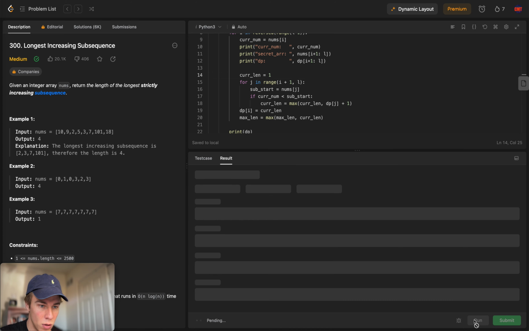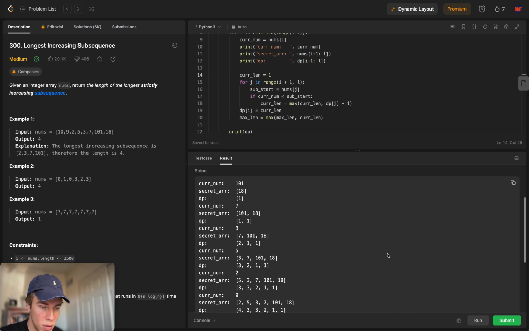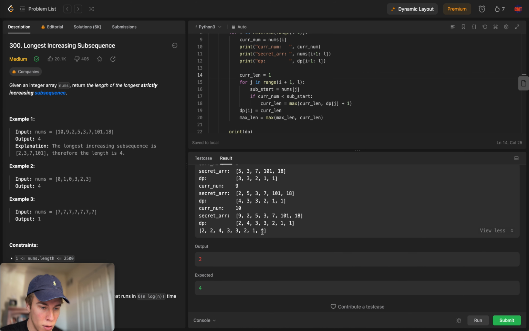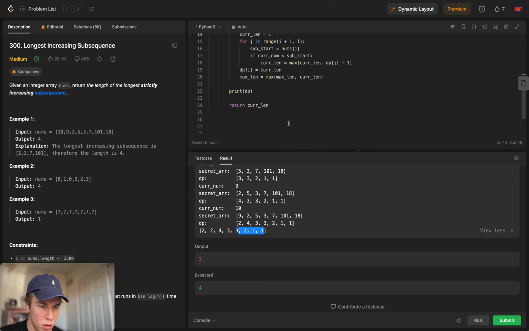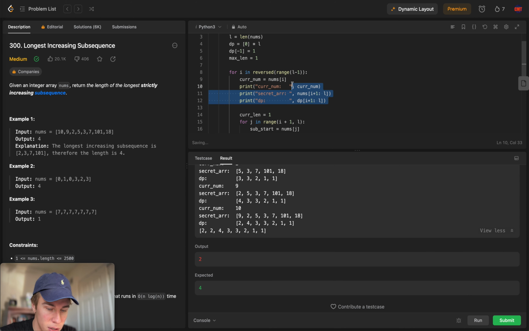I think so. Max length and current length. What in the world is going on? I think I got a portion of this correct.